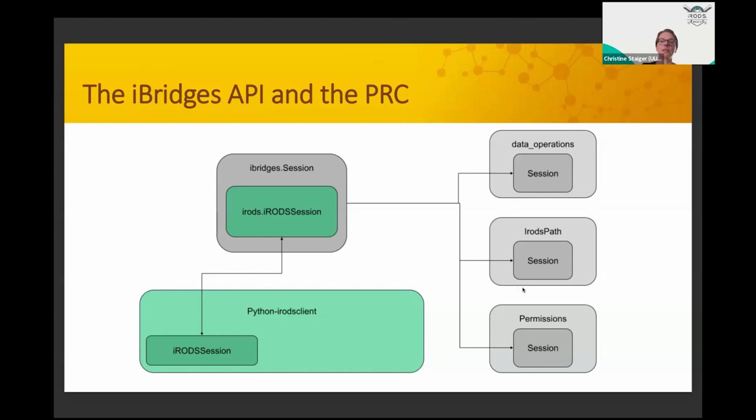We introduced a class called iRODS path, where we draw also on pathlib-like functionality, and we have the permissions. And as you can see, since an iBridges session is basically using a Python iRODS client session, you can always combine these 3 major blocks with anything that the Python iRODS client offers.